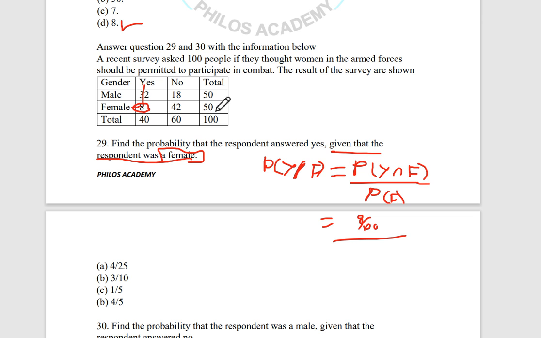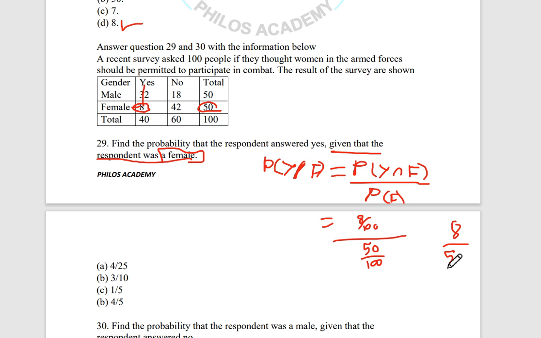Total number of female is what? Total number of female is 50. So 50 over 100. The probability of female is 50 over 100. The total number of the general is 100. Okay. 8 over 100 divided by 50 over 100 gives you 8 over 50.